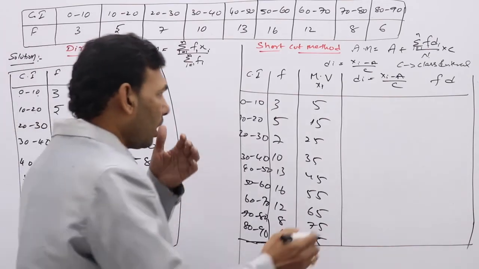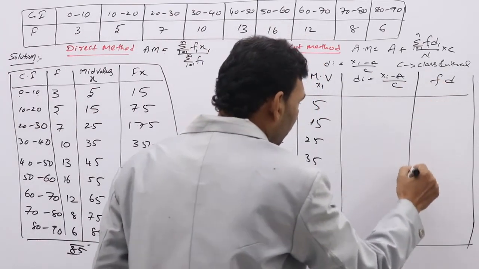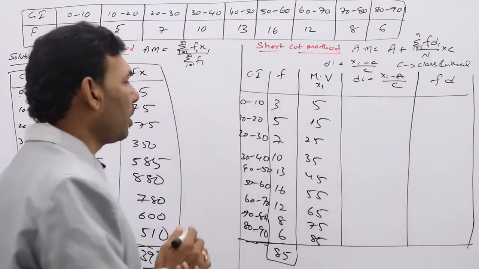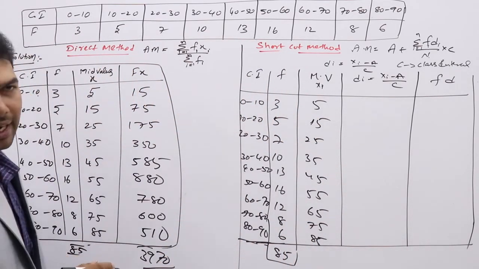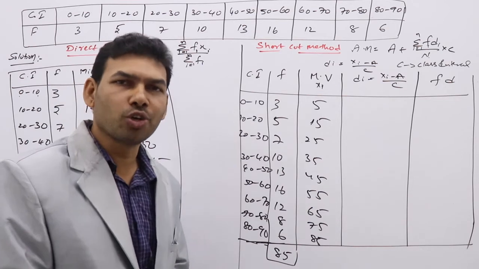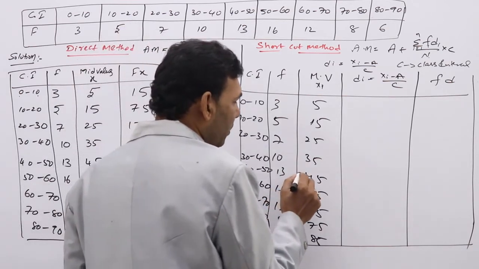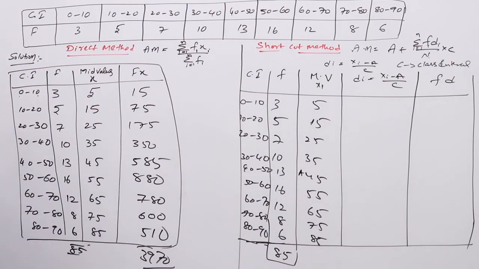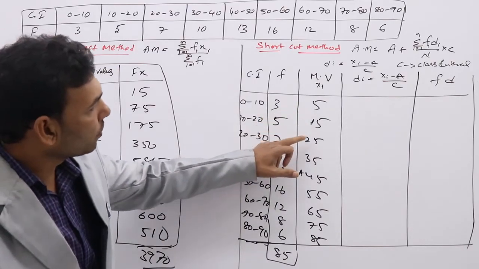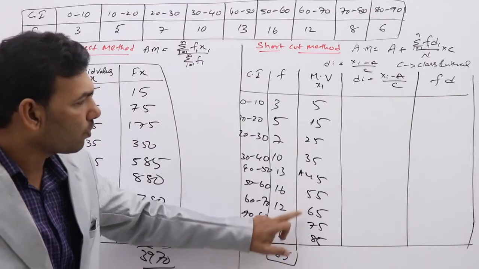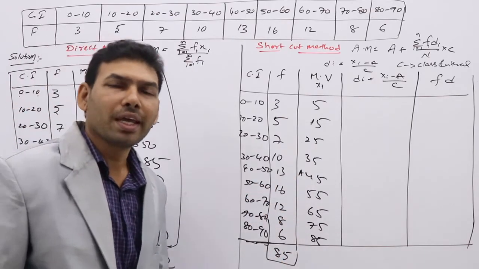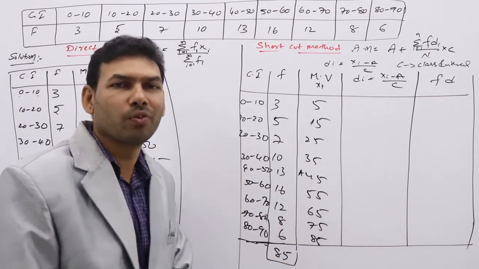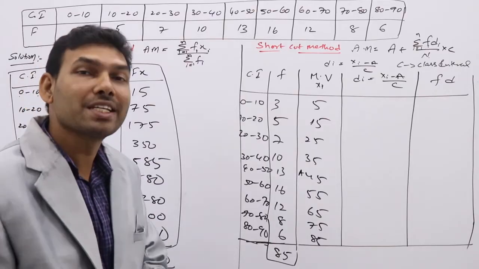Next, we need to take one value among these as the assumed mean. Generally we prefer the middlemost value. This I am assuming as A, the assumed mean. Counting 1, 2, 3, 4 on each side, this is the middlemost.